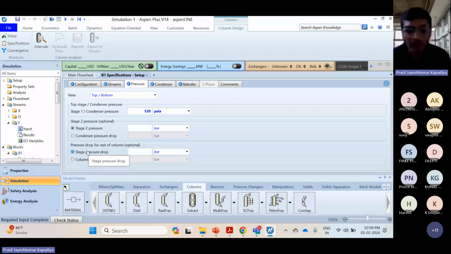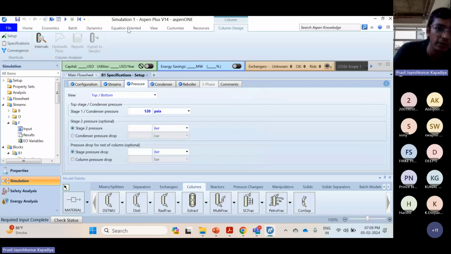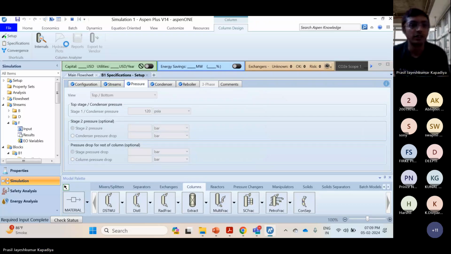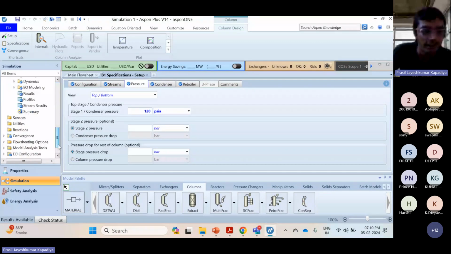We will not add Murphree efficiency first. Let's see what results we are getting. Then we will add Murphree efficiency. I hope it won't take infinite time. Okay, results are available.